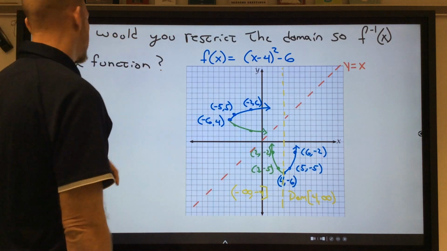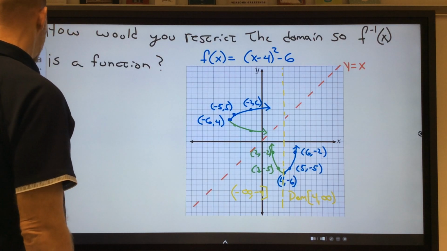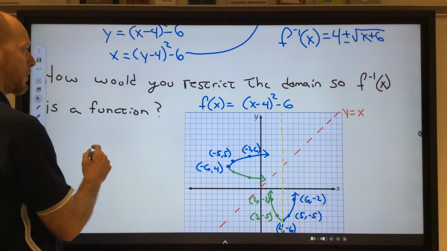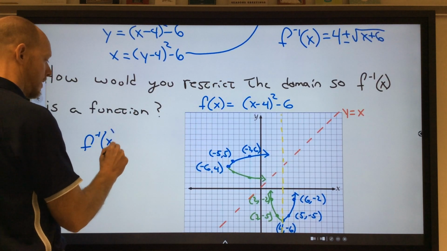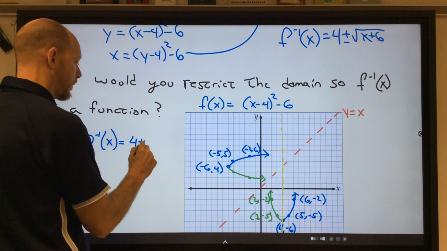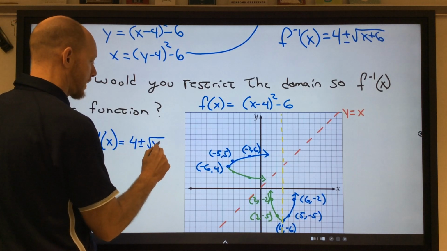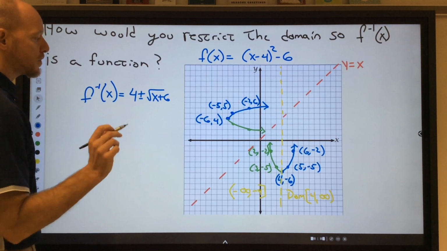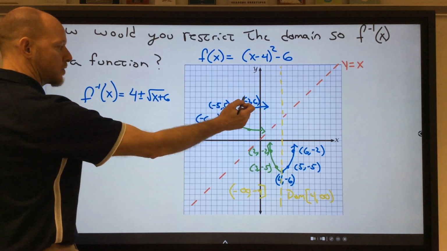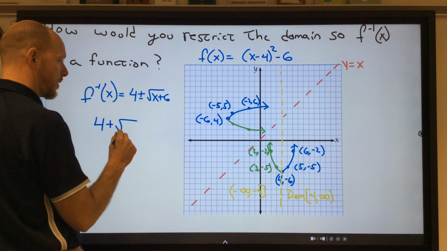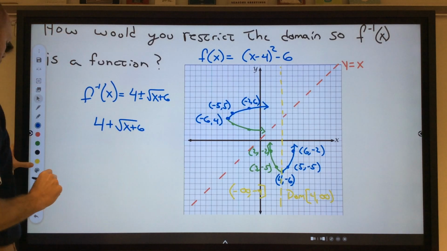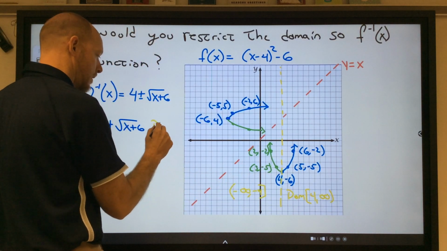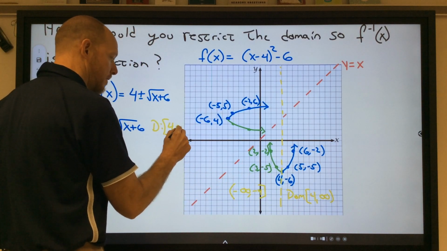And if we go back to what our actual inverse is, what we calculated, you could see that we had the inverse is 4 plus or minus the square root of x plus 6. So what this is saying is, if I'm restricting my domain and I want this top version, 4 plus the square root of x plus 6, we said that would have a domain from 4 to infinity.